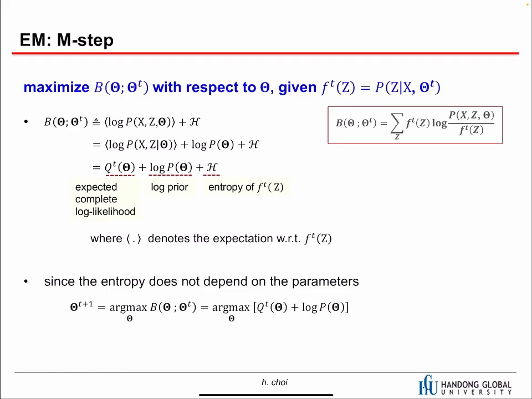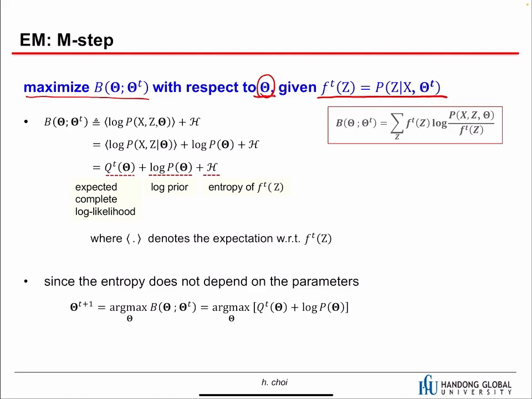So in the M step, we want to maximize this lower bound with respect to theta. This means, as in the k-means algorithm, the assignment is fixed. Even though this assignment is not a hard decision, let's say when the assignment is known somehow, then we want to update these parameters.